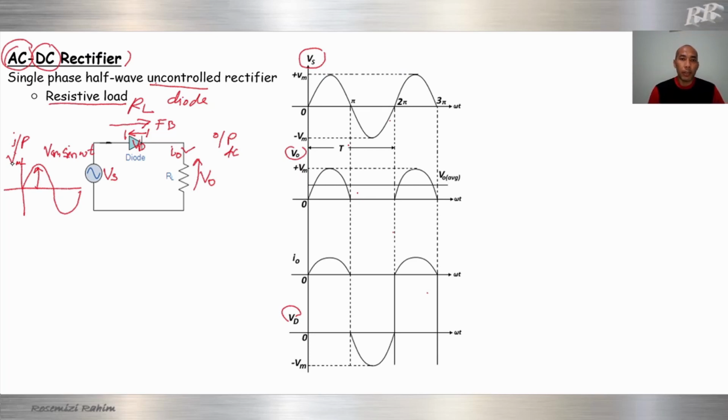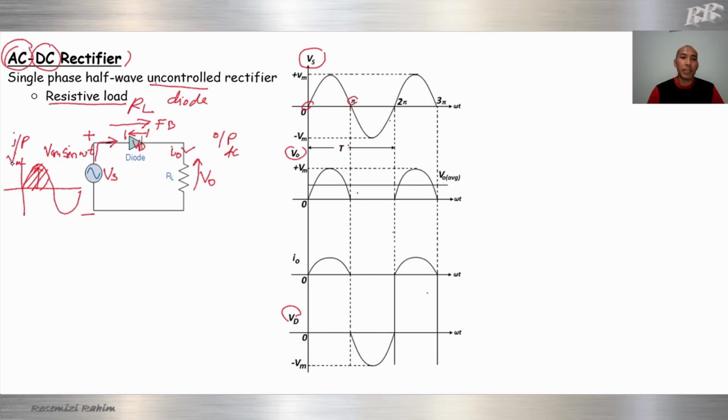Okay, let's analyze it. During the positive cycle, between 0 to pi, our input is the sinusoidal positive cycle. So plus here, minus here, and current will flow in this direction.